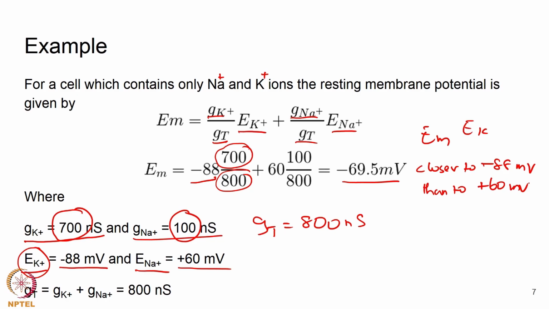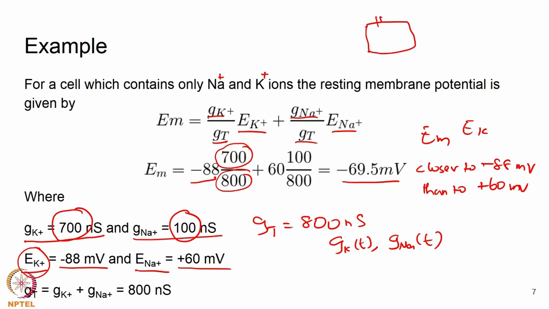Note, these conductances GK and GNa are not constants but rather are functions of time. So essentially what you have is GK of t and GNa of t. Note that in a cell membrane, let us suppose this is the cell membrane, the conductance is again not a constant.